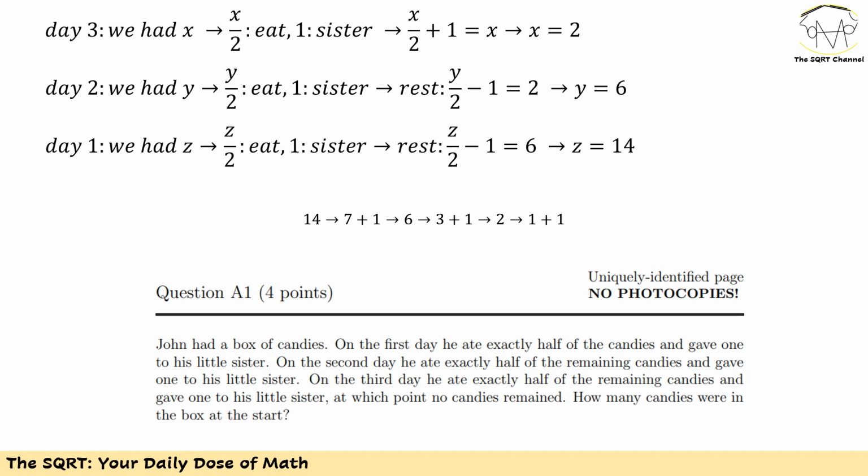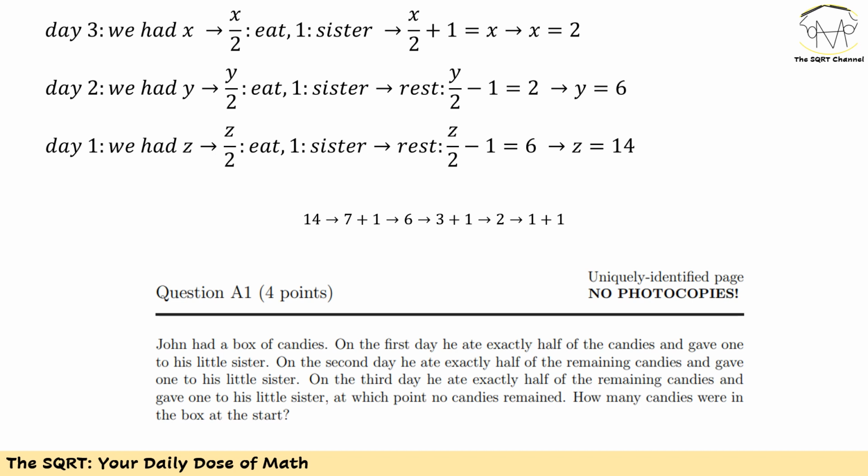Now let's go back to the first day. For the first day we are going to do exactly the same thing. Here let's assume that at the beginning of day 1, John has Z candies. So he's going to eat Z over 2 and then give 1 to the sister. So we are going to have Z over 2 plus 1. And if we just want to see how many candies we are going to have after doing all these, it's going to be Z over 2 minus 1.